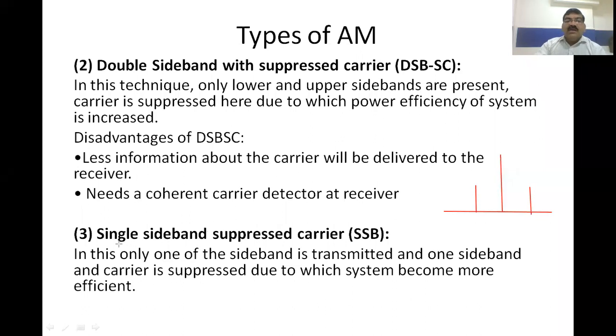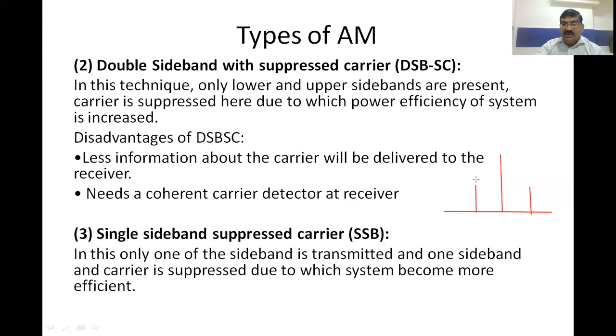Now the next one, the third one, is the single sideband suppressed carrier. Now here we are sending the two sidebands, but here we are sending only one sideband. So what happened in this?